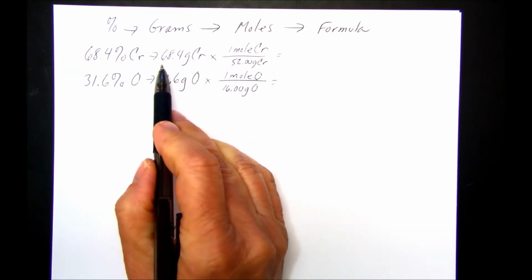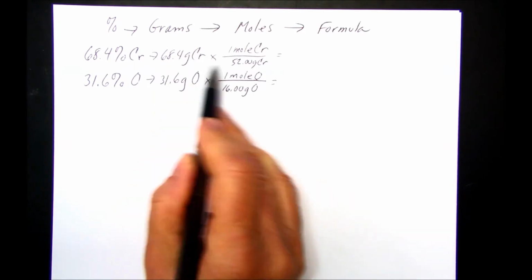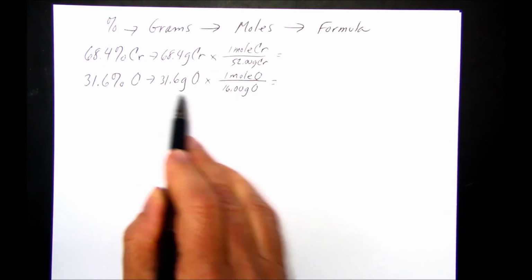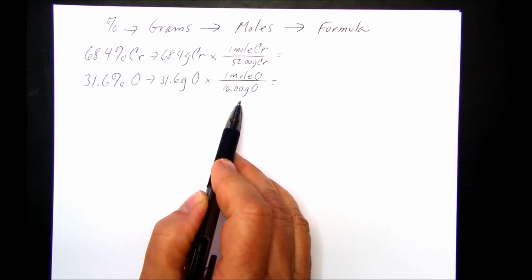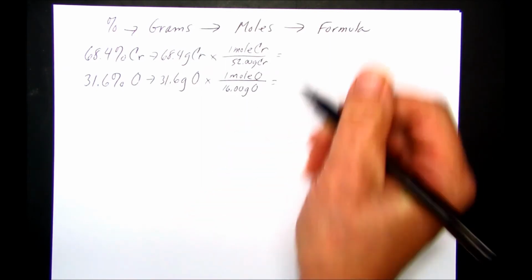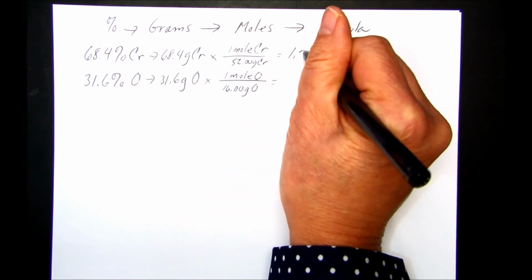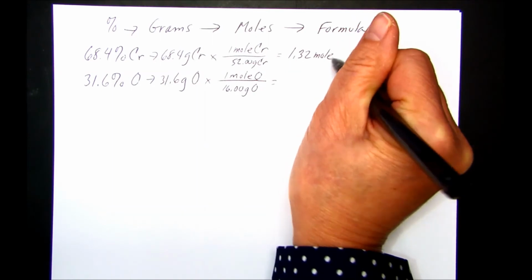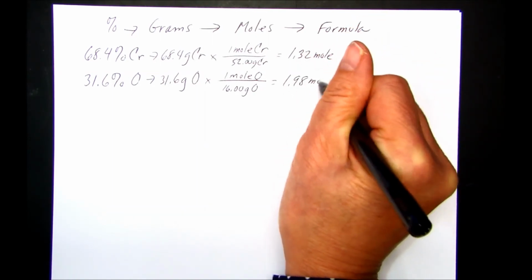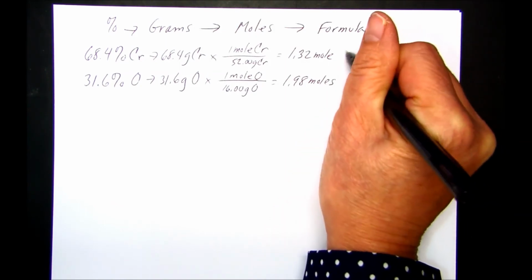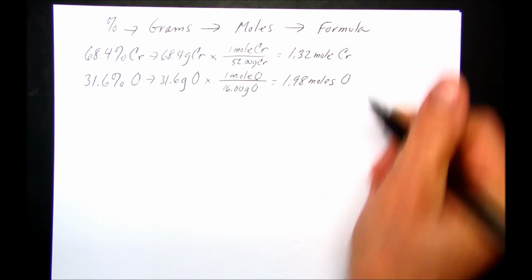So essentially we're dividing 68.4 by 52 and 31.6 by 16. So here I get 1.32 moles, and here I get 1.98 moles. And of course this is chromium and this is oxygen.